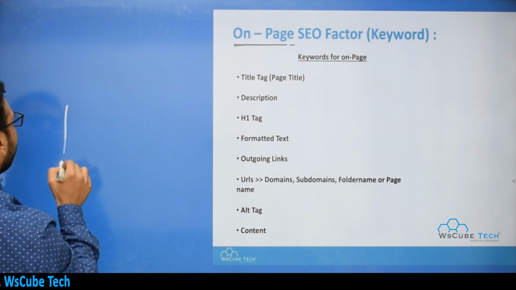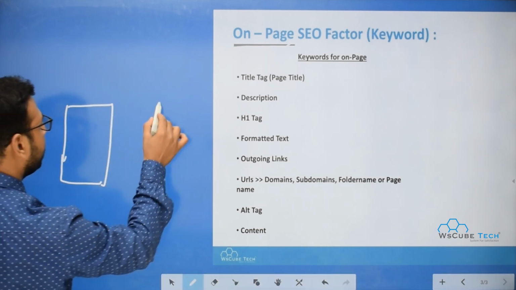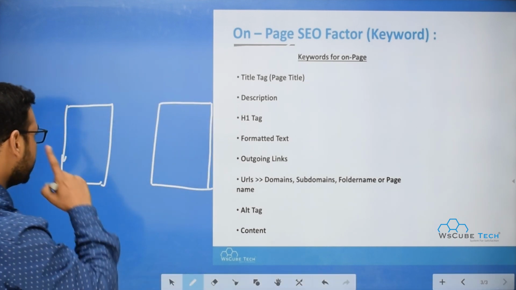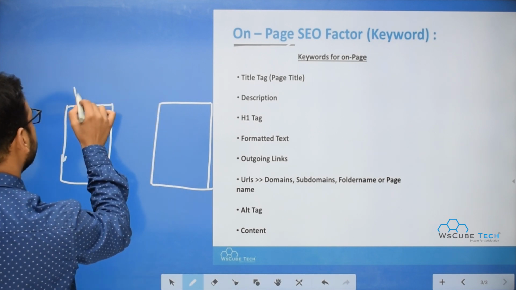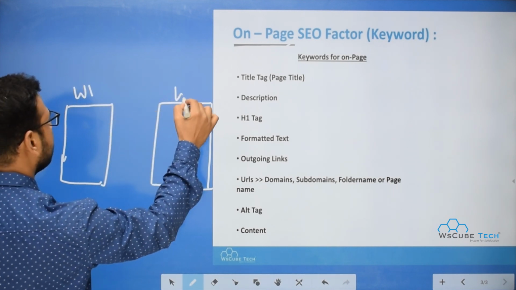See, if you have 2 web pages, this one is a web page and this one is a web page, and you want to rank this web page. Let me write W1 over here, and this one is W2.